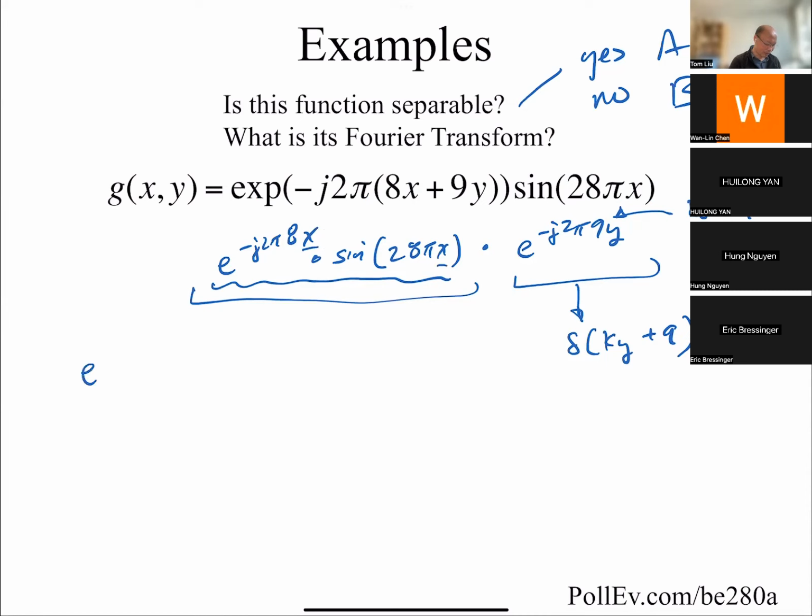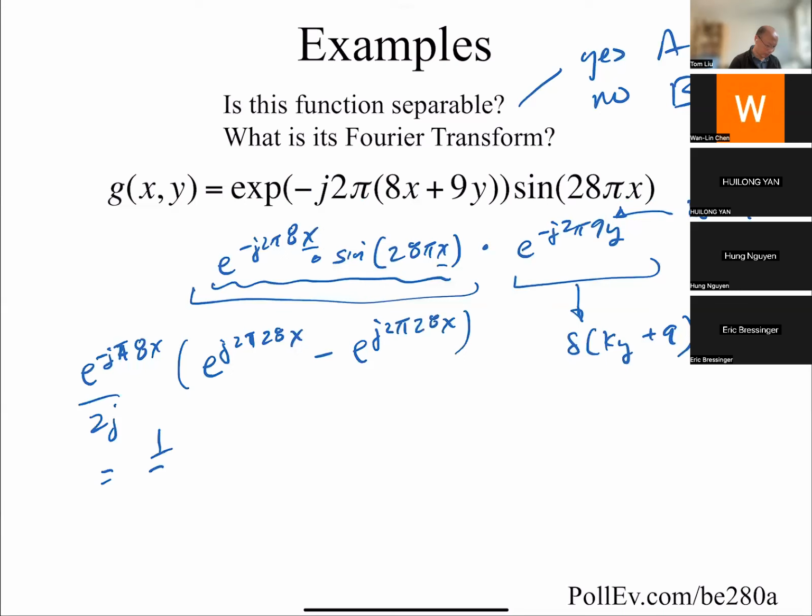We have to write this as e to the minus j 2 pi 8x times e to the j 2 pi 28x minus e to the j 2 pi 28x, all over 2j.